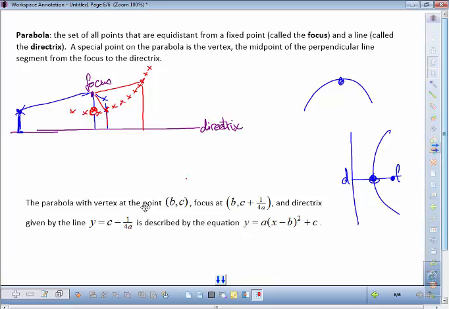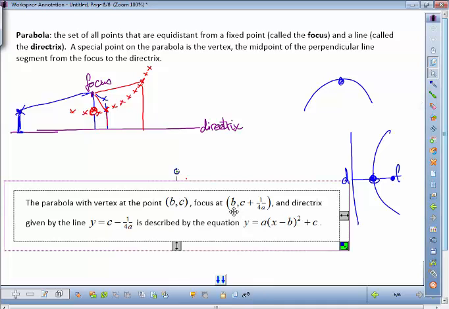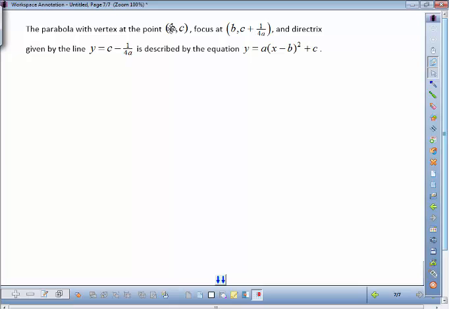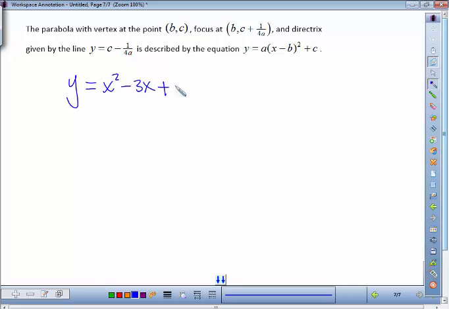Okay, so let's do a problem related to this. So let's say we had an equation of a parabola.